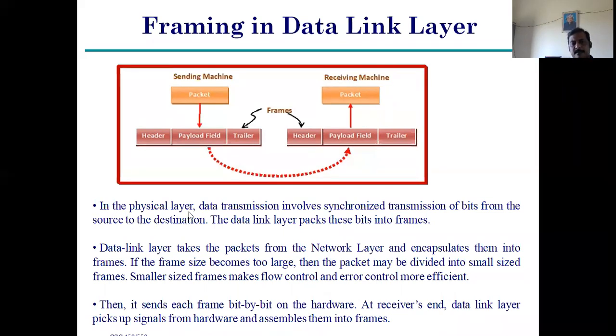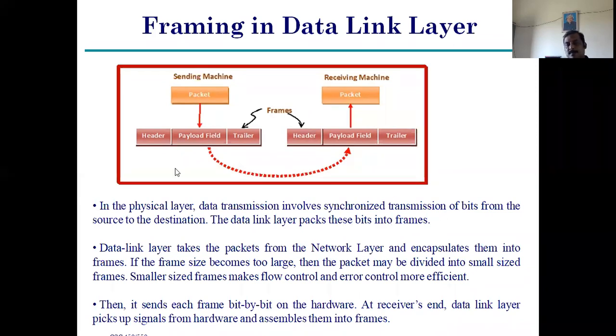In the physical layer, data transmission involves synchronized transmission of bits. Okay, the physical layer, we know that information. The physical layer transfers information in the form of raw bits, and those raw bits are transmitted from source to destination. So the data link layer packs these bits into frames, right?